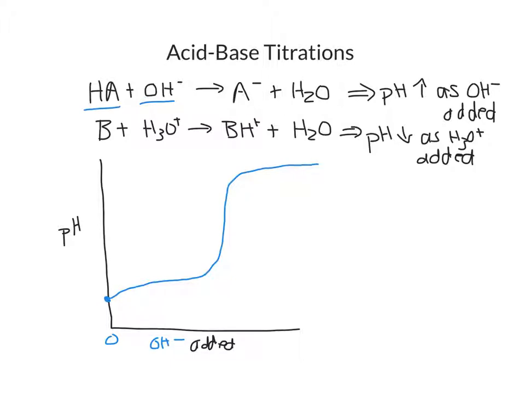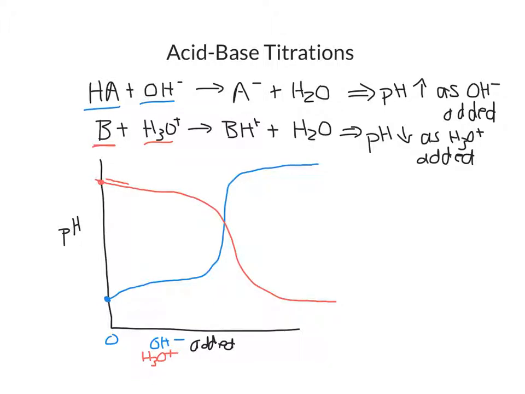On the other hand, if we look at the base with strong acid, and we imagine what happens to the pH as we add H3O plus, we would expect that we would start with a very high pH because we're starting with all base, and as we add the H3O plus, we make the solution more acidic, and so we would expect that that pH would decrease and then decrease dramatically and then level off.